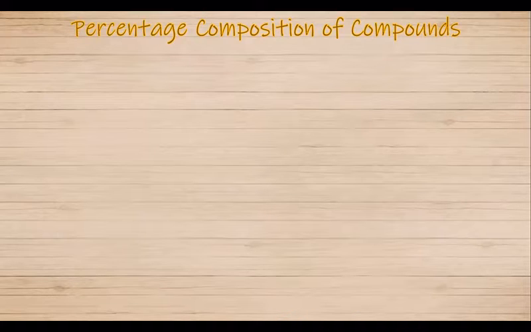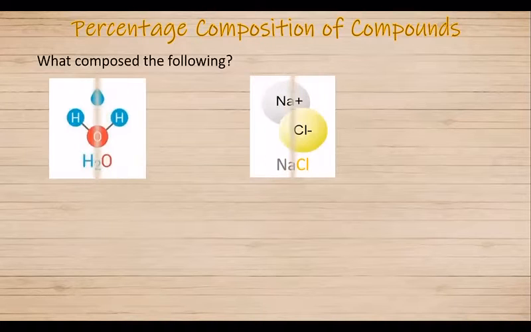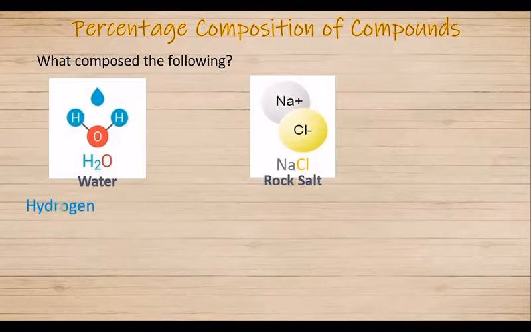is compound. By means of studying these illustrations of combined elements and what compose them. As you can see, we have here a chemical formula of water and rock salt. Water is composed of two elements, which are the hydrogen and oxygen.